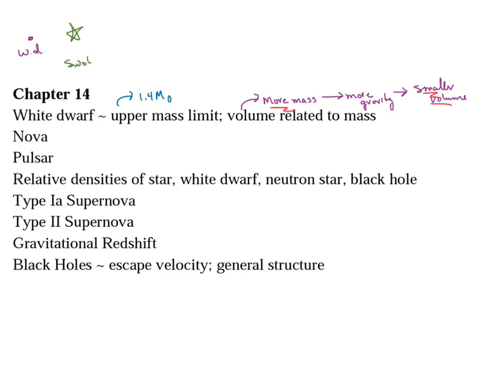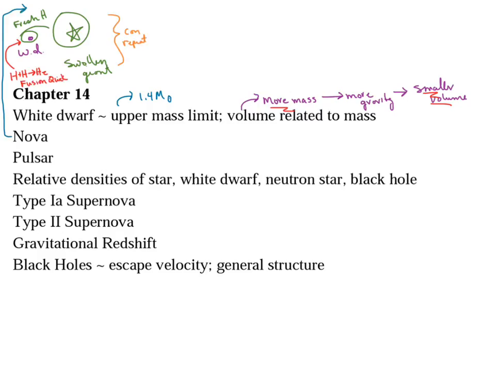For the nova, I drew a little picture up there to show you that most stars actually, remember, have a companion. If we have a retired star, which is a white dwarf, with a companion that's a swollen red giant of sorts, then that hydrogen, which I have in green here, can come from the companion that's still alive and dump on the retired star. A nova is a gentle explosion compared to a supernova, is the way I think of it.